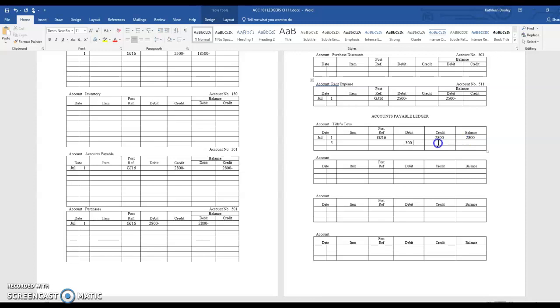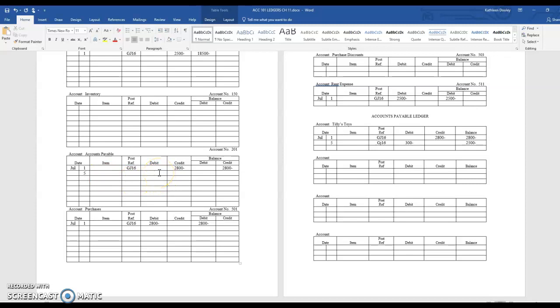So 2,800 credit, this is a debit, and whenever we have a debit and a credit, we have to subtract, so 2,800 minus 300 would be 2,500. That's how much we now owe Tilly's Toys. Where did this information come from? J16. We can also go to accounts payable.